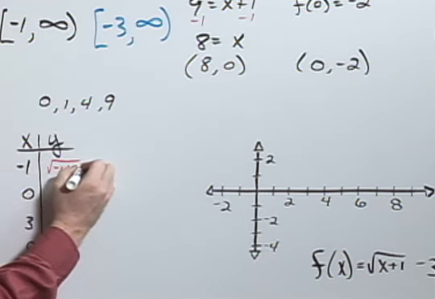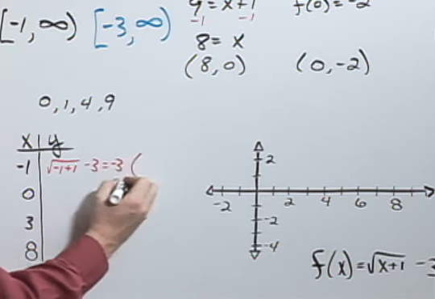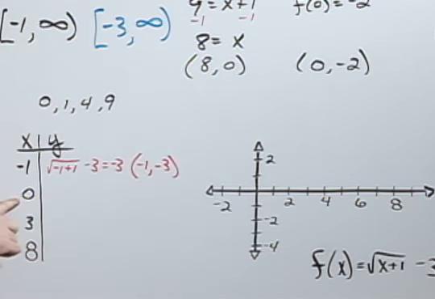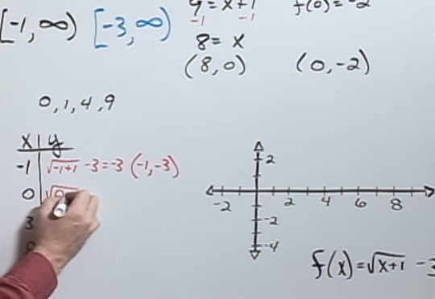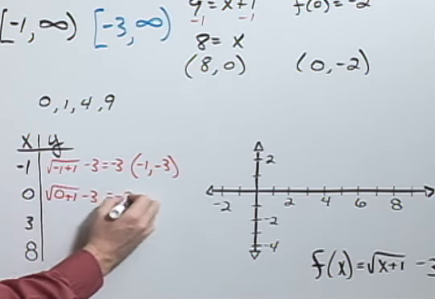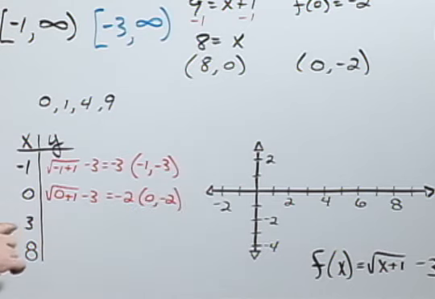negative 1 plus 1 under the square root, minus 3, is going to equal negative 3. So I have the coordinate (negative 1, negative 3). If I put 0 in, I get the square root of 0 plus 1 minus 3, which is going to be negative 2. So I have the point (0, negative 2).